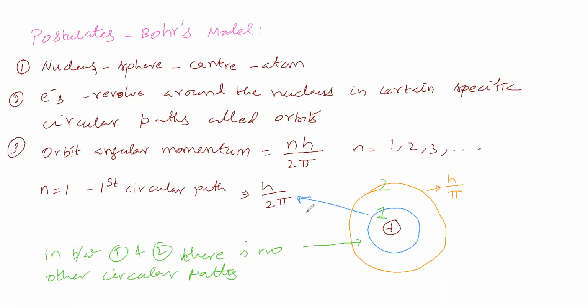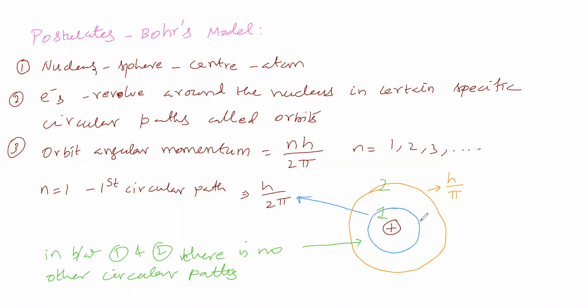As per Bohr's model, between the nucleus and the first circular path, the electron is not present. Between the first and second circular path, the electron is not present. The electron is present only in the first circular path, or only in the second circular path, or only in the third circular path, like this. This is Bohr's model.